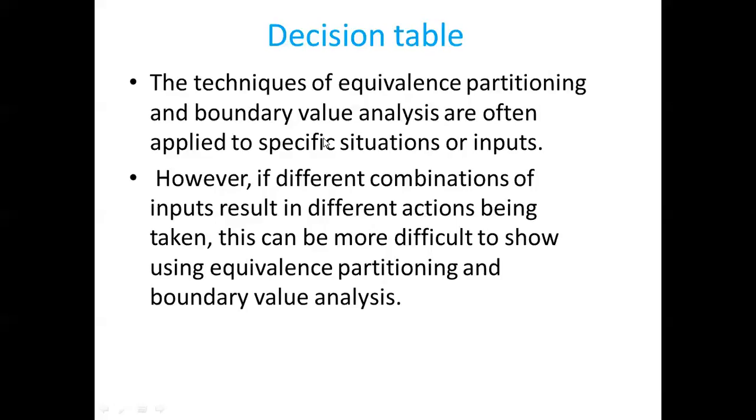Remember, equivalence partitioning and boundary value analysis are suitable for a single input field or a specific situation, whereas decision table is very important to use when multiple fields are required to test together. That's about decision table.